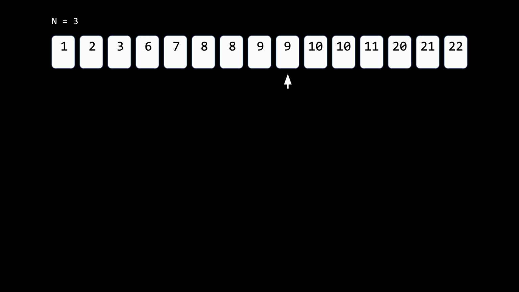Our solution would start by picking any card in our card deck at random. It doesn't matter which one. So for example, let's just go with one of the 9s. Now we need to determine what is the smallest number for the subgroup of consecutive cards that this 9 is a part of. So to do this, we count down the numbers and ask if this number minus 1 is in our deck.